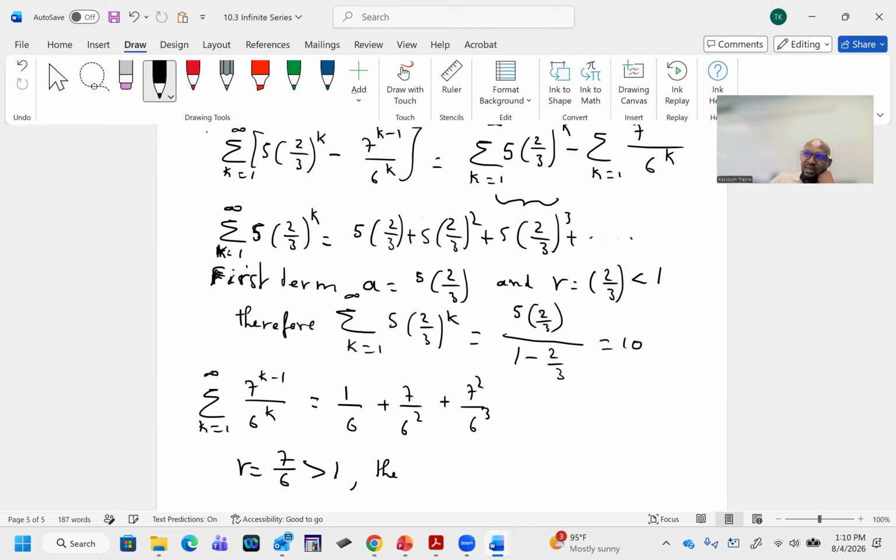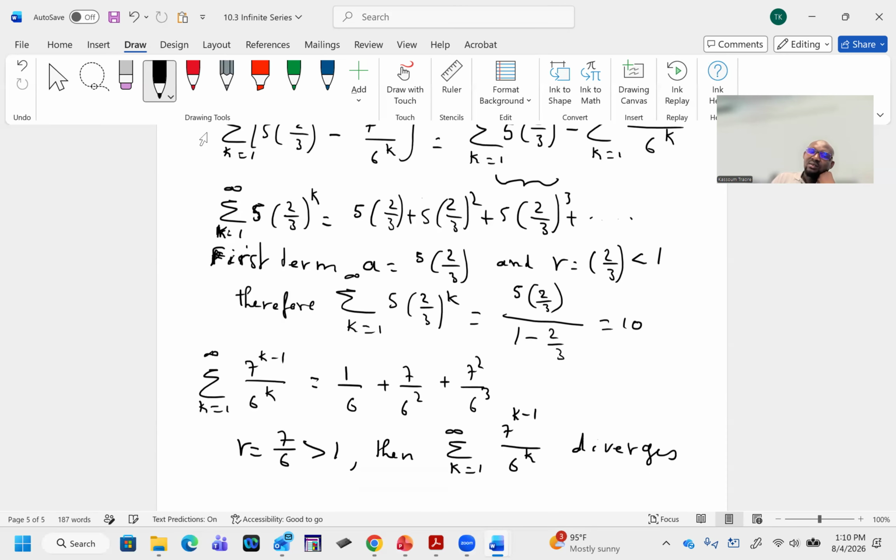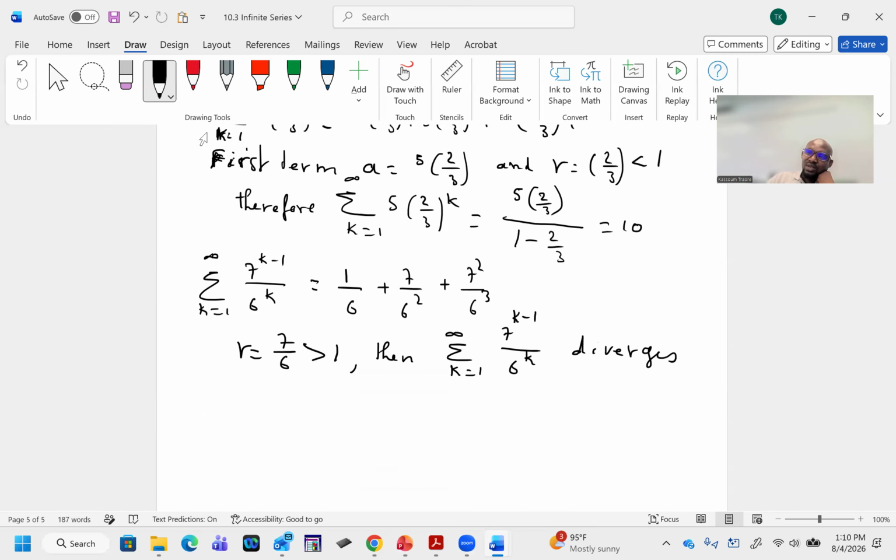Then the sum from k equals 1 to infinity of 7 to the power of k minus 1 divided by 6 to the power of k diverges. From the previous property, this means what?